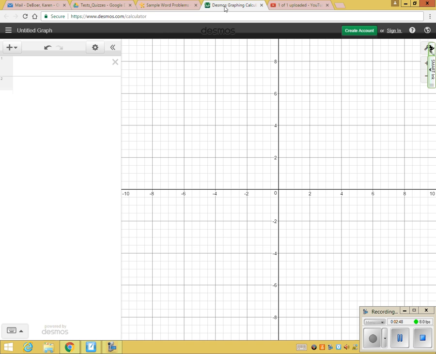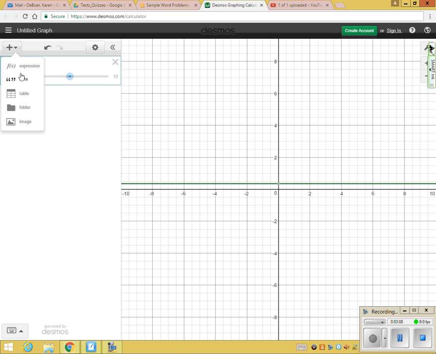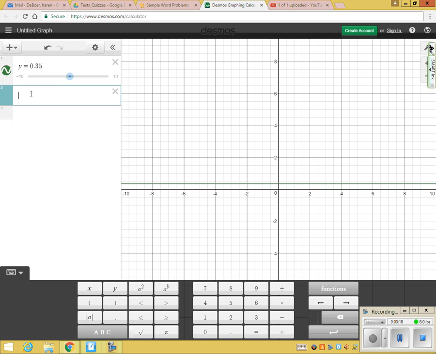Okay, here we go. What were my equations again? So the first equation was y equals, we said that we want to know when it's 0.35. And our second equation, it's probably easier to just click there.